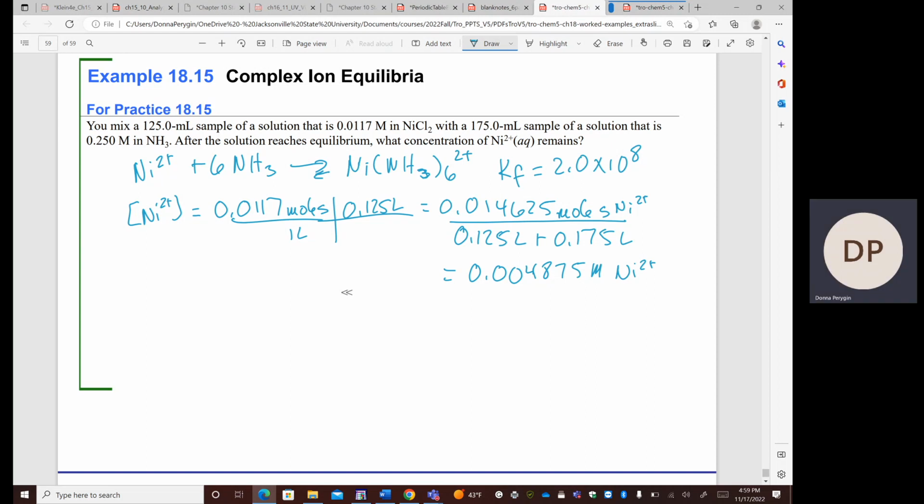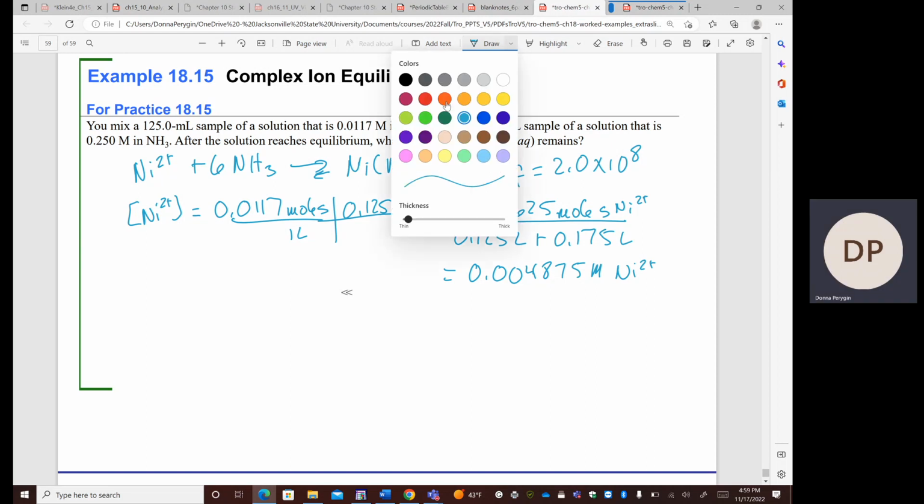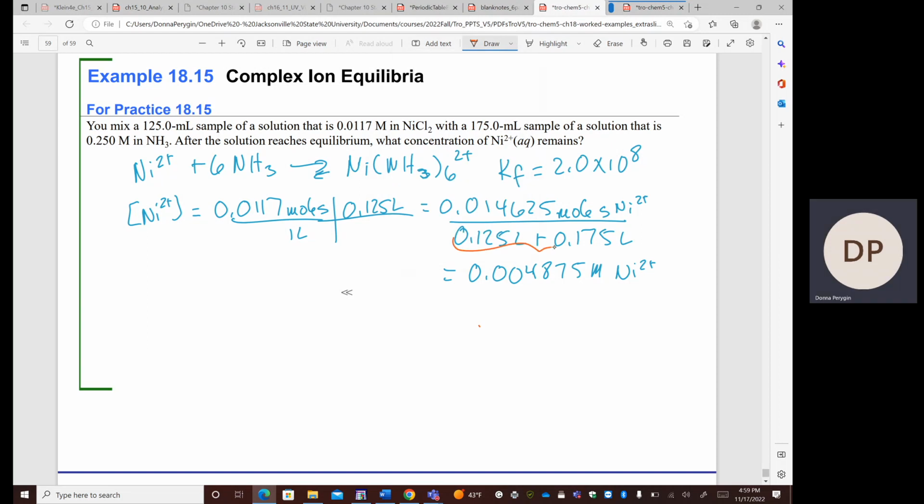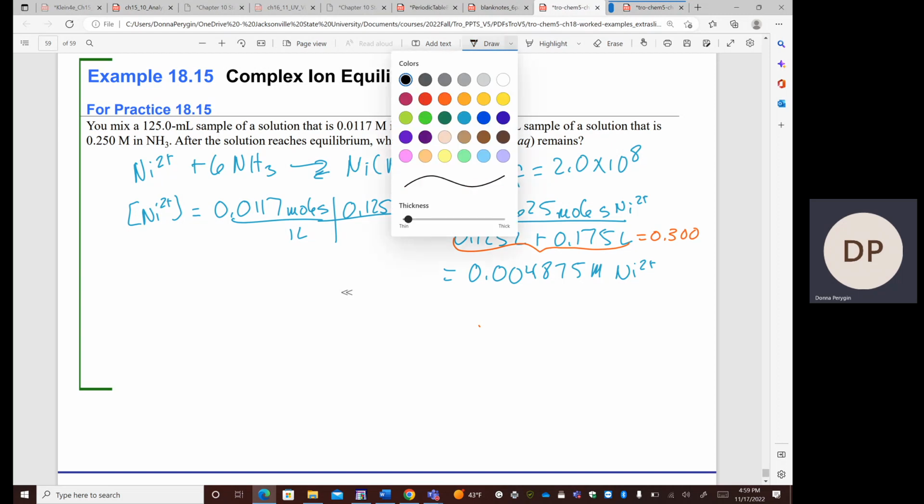All right. And so notice that this bottom denominator right here is equal to 0.3. I'm going to go ahead and plug that into our next equation.